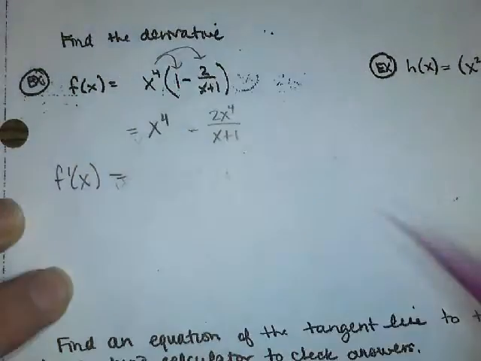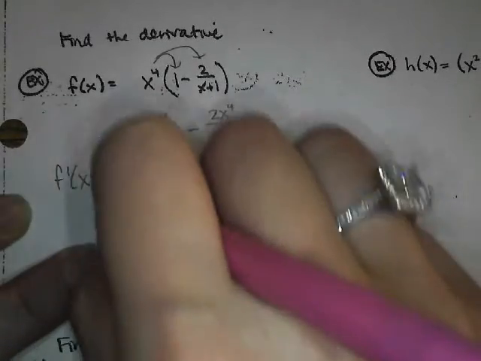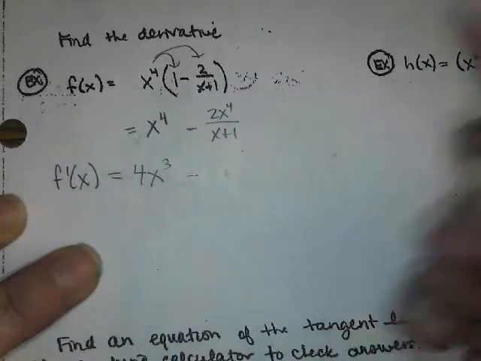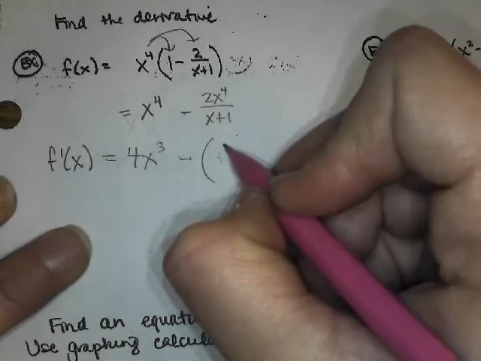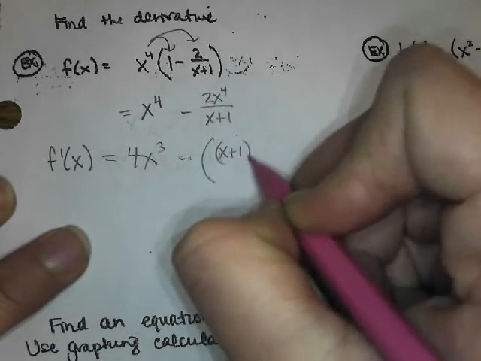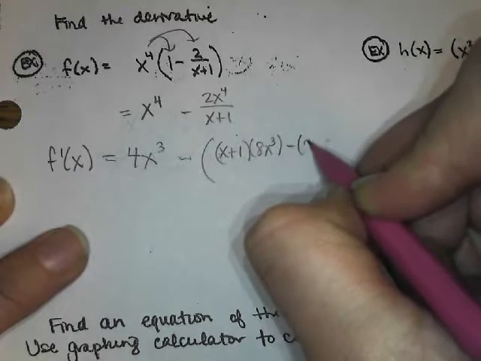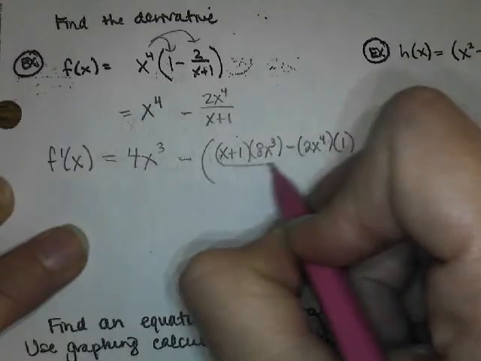I get 4x cubed for the first term. And like I said, yes, this is the quotient rule, but it's not within a larger rule. So I would do my bottom times the derivative of the top, 8x cubed, minus the top times the derivative of the bottom, all over bottom squared.